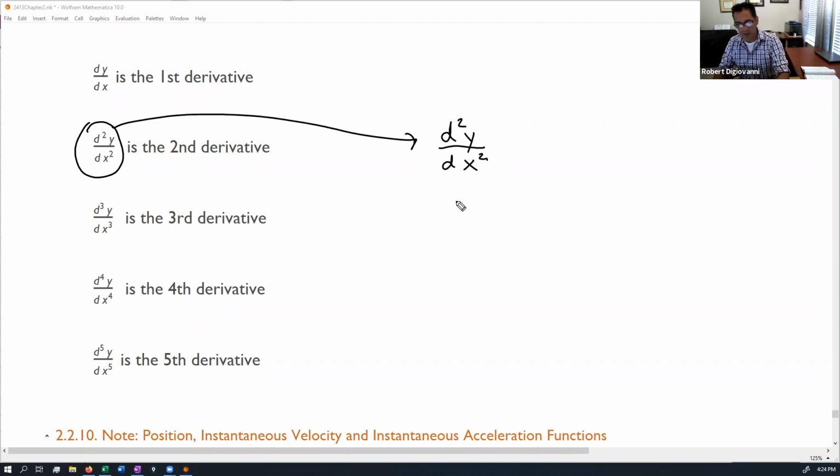Do y'all see how the 2 here and the 2 here are offset from one another? The 2 here is above the d, and the 2 here is above the x. You'll see how they're kind of offset? There's a reason for that. The reason is because if you write dy squared over dx squared like that, people might think that you mean this.